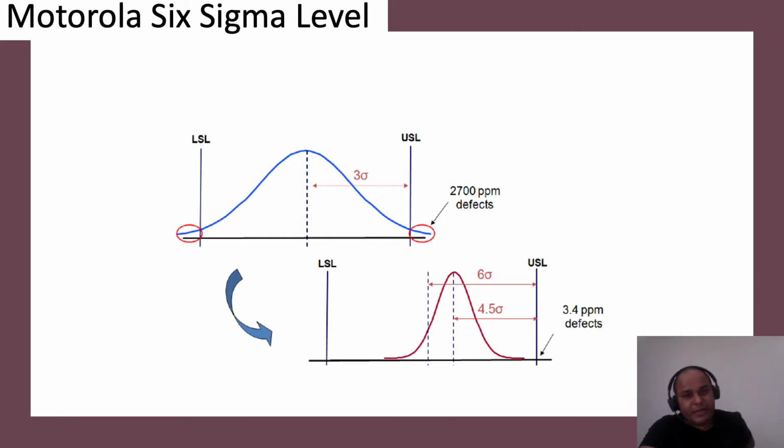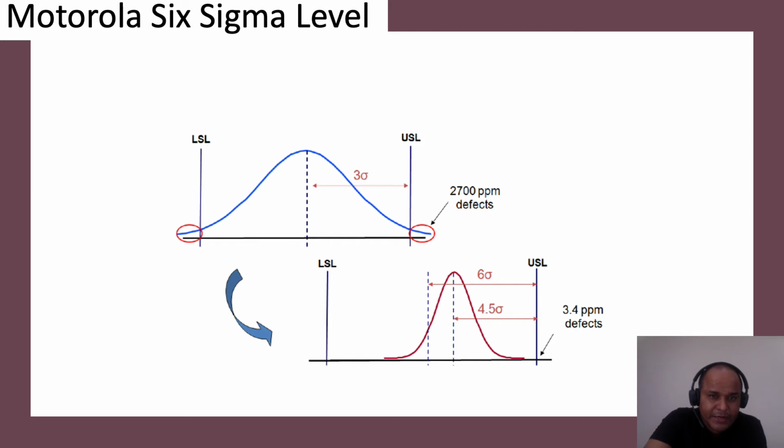Motorola Six Sigma levels. If you see the graph here, with LSL and USL, and the red marks here, 2700 ppm defects.